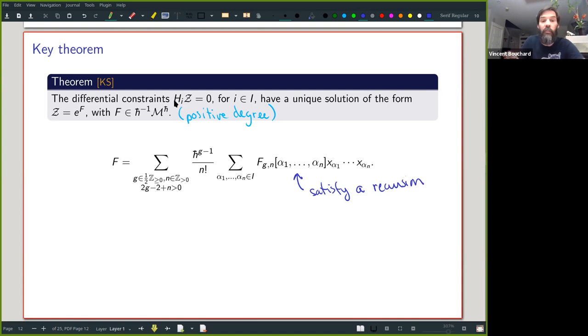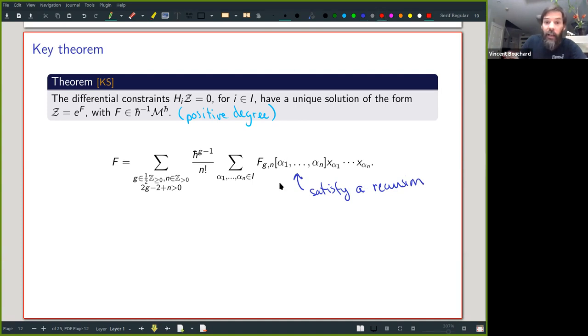You have a bunch of differential operators acting on this. You can extract from these differential equations a recursion for the coefficients. And here you can show that these F_{g,n} are uniquely constructed by a recursion, where the recursion is over this 2g minus 2 plus n, which is the degree of these terms according to the grading that I introduced.